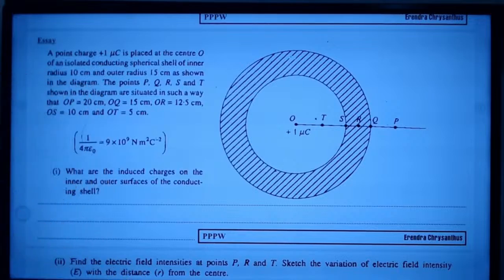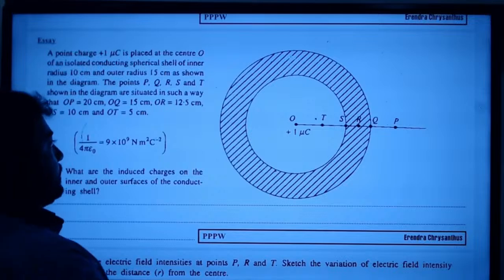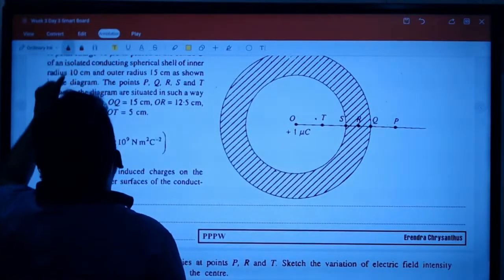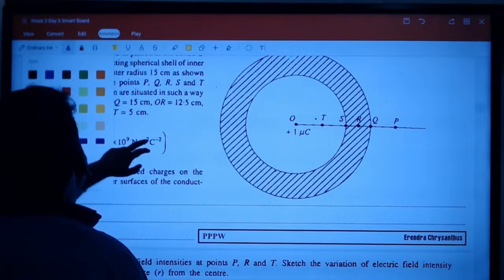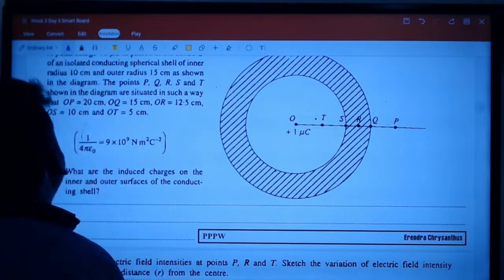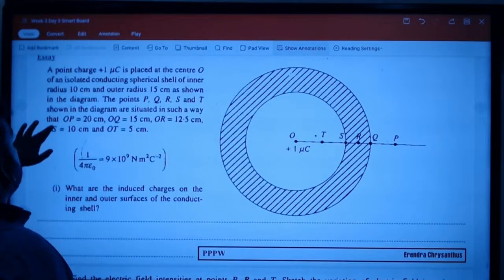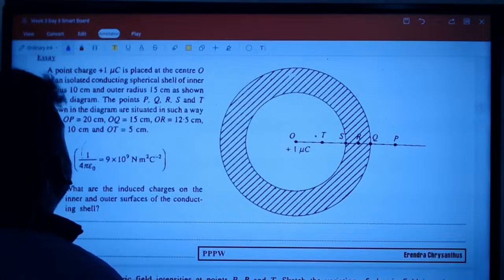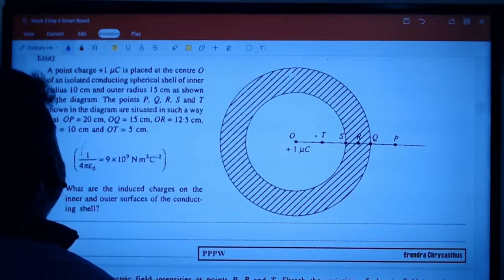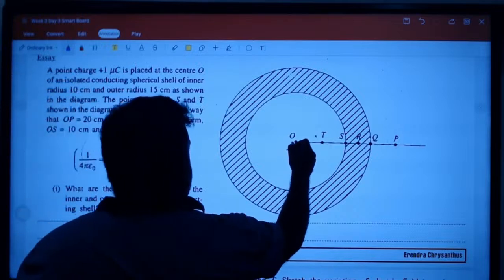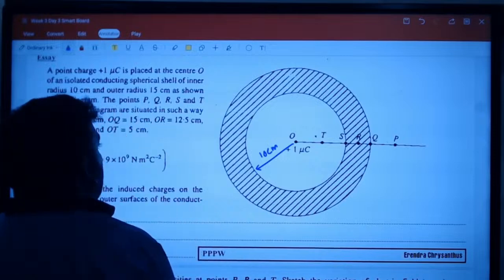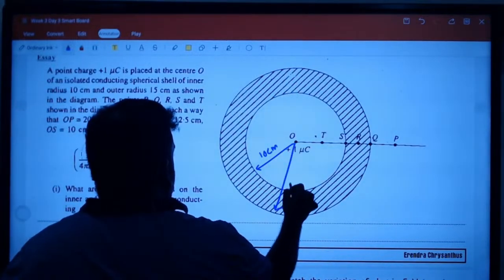A point charge plus Q is placed at the center of a conducting shell of inner radius 10 centimeters and outer radius 15 centimeters.